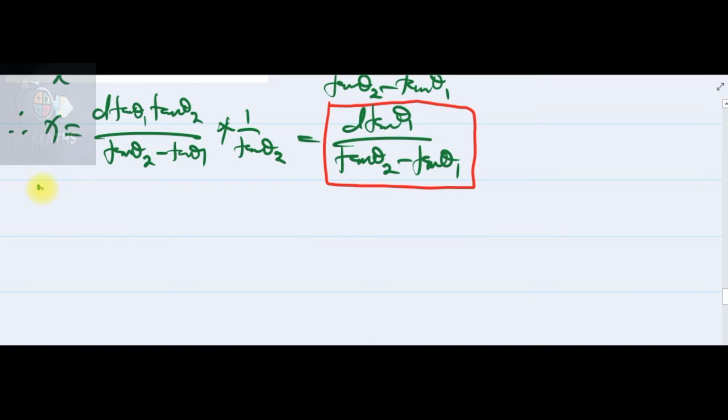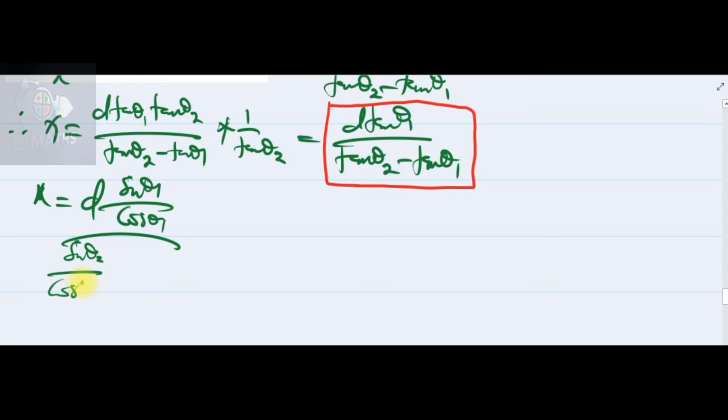So again, you notice that tan is sine over cos. So we get d sine theta 1 over cos theta 1, divided by sine theta 2 over cos theta 2 minus sine theta 1 over cos theta 1.